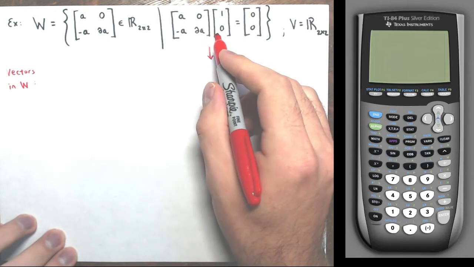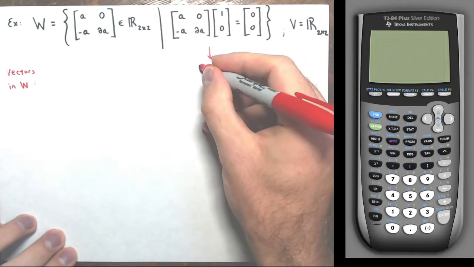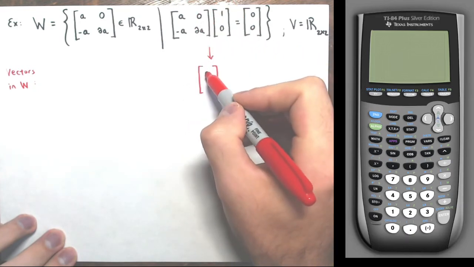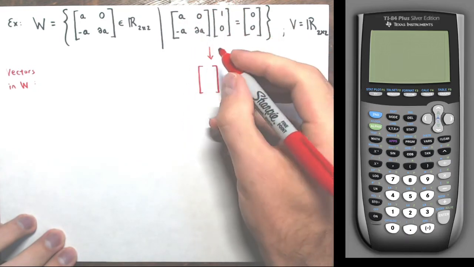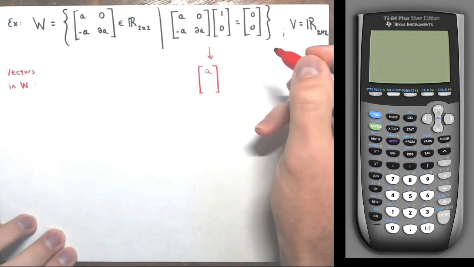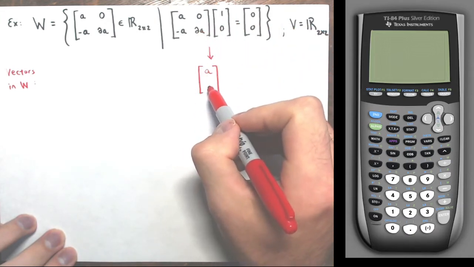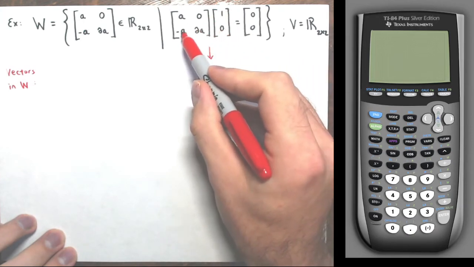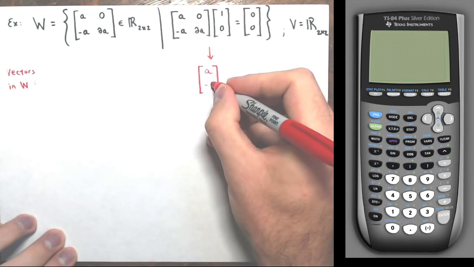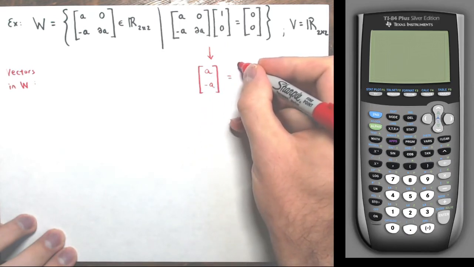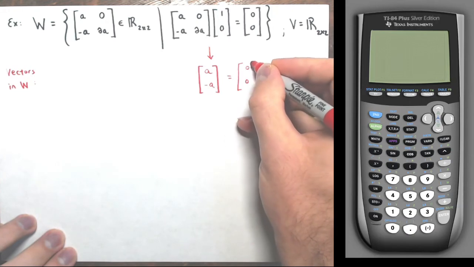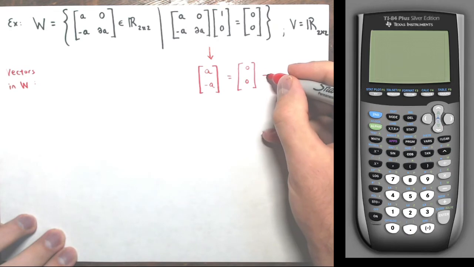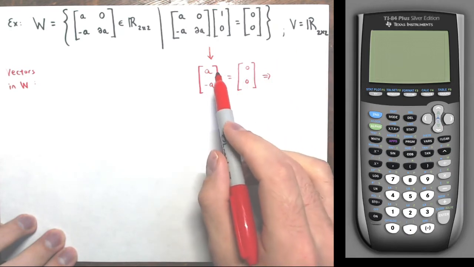If I multiply these two matrices, 2 by 2 times a 2 by 1 is going to be a 2 by 1. And the first row, first column entry is going to be A times 1 plus 0 times 0, so A. And then the second row, first column is going to be negative A times 1 plus 2A times 0, so just negative A. And this has to be equal to 0, 0 in order to be in W. The only way two matrices are equal is if their corresponding entries are equal.